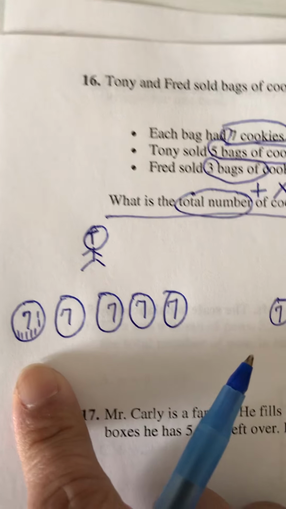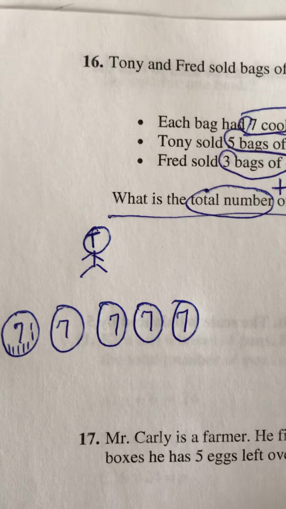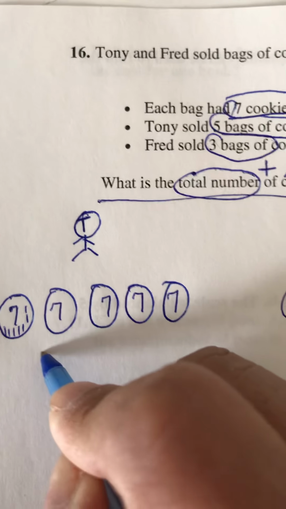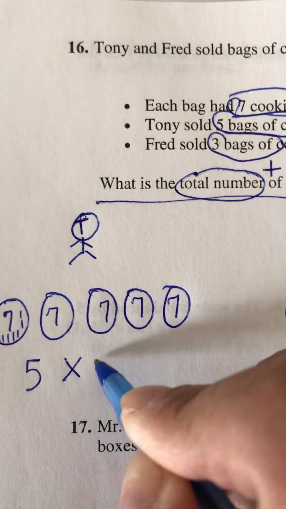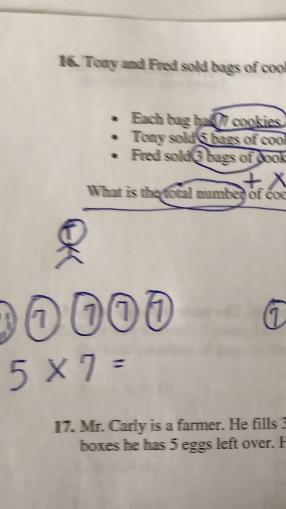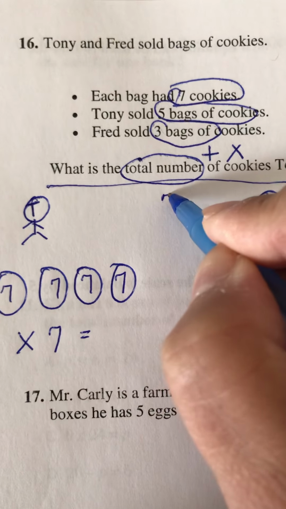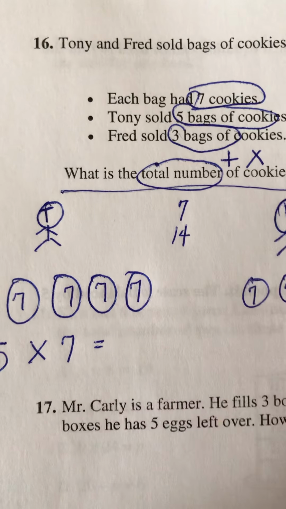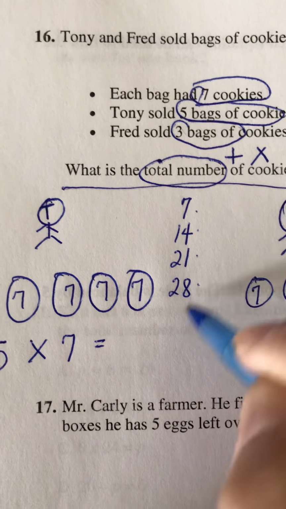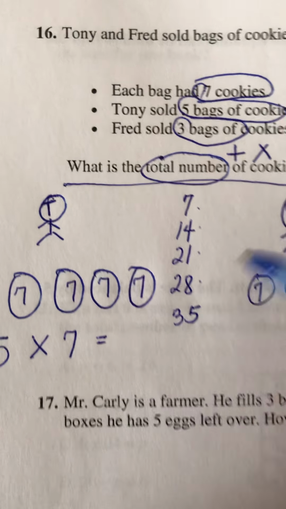So what I could do is I could write an equation for this one. Okay, so for Tony sold 5 bags, and in each bag there are 7. And if you are going to do your skip counting, that would be 7, 14, 21, 28. So 1, 2, 3, 4, and then another one, it would be 35.